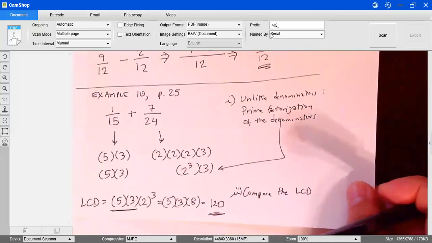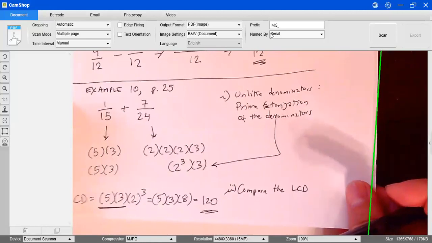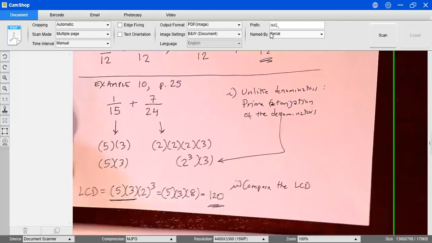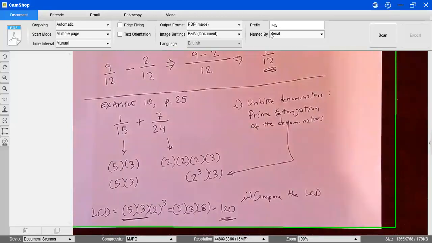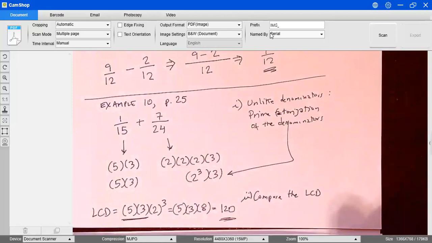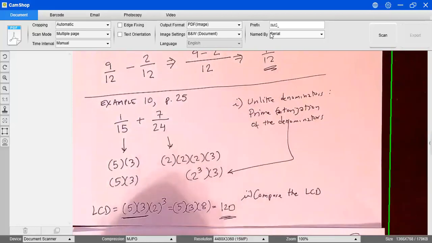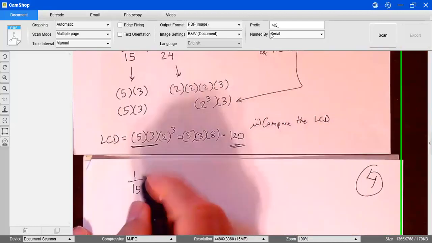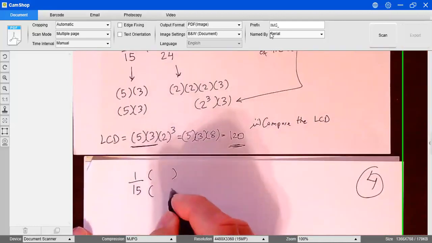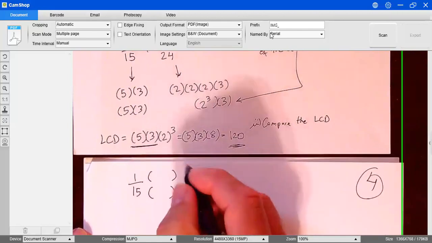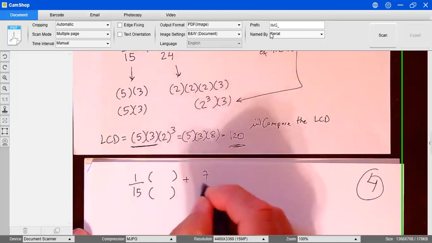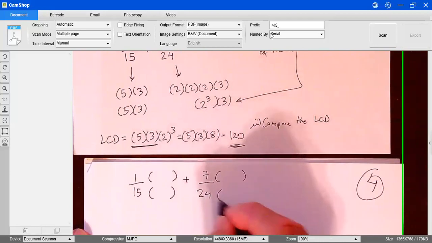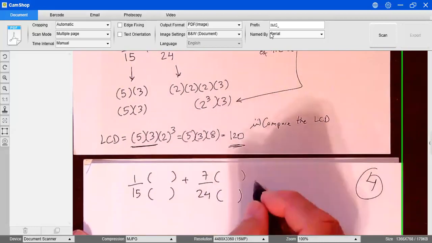So now we're going to finish our work by rewriting the fractions using the least common denominator. We have 1 over 15, and we're going to multiply 1 over 15 by something, plus 7 over 24, and we're going to multiply 7 over 24 by something.